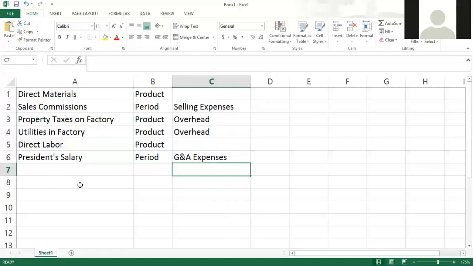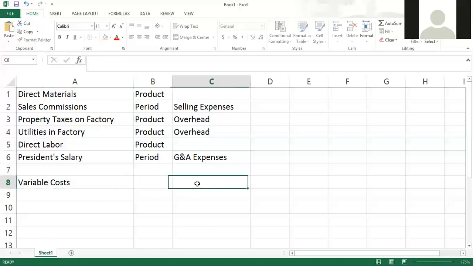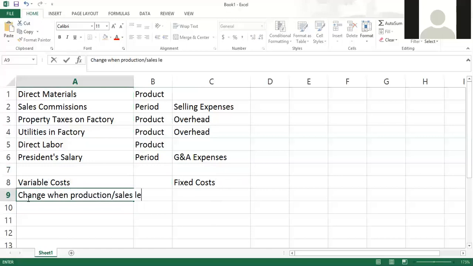Where I want to go is two new classifications, one called variable costs and the other fixed costs. I told you these videos are always going to show you how bad I type. Variable costs are the ones that change when production or sales levels change.